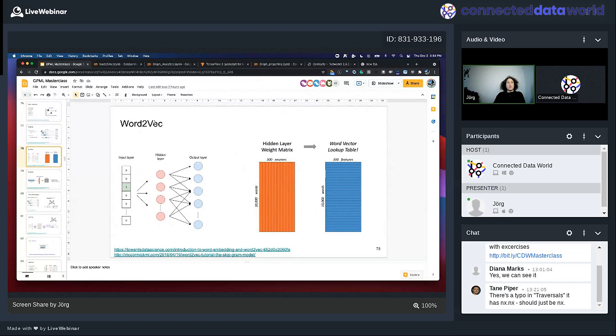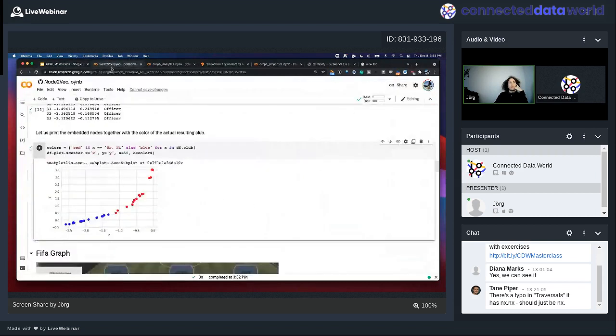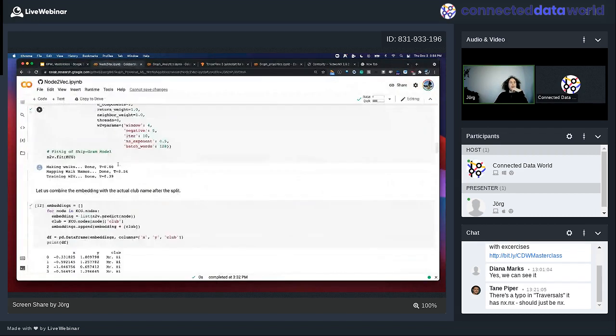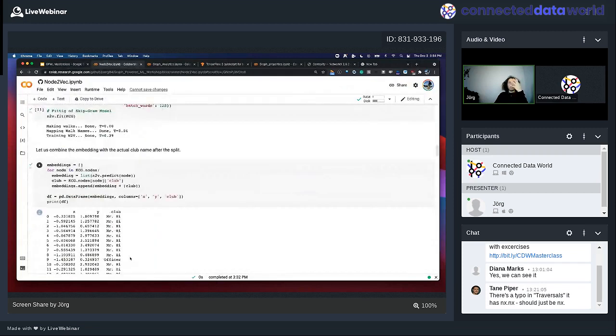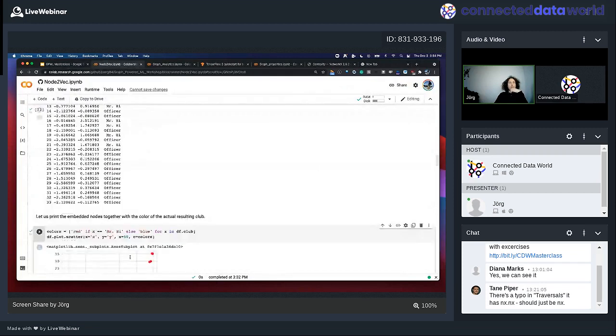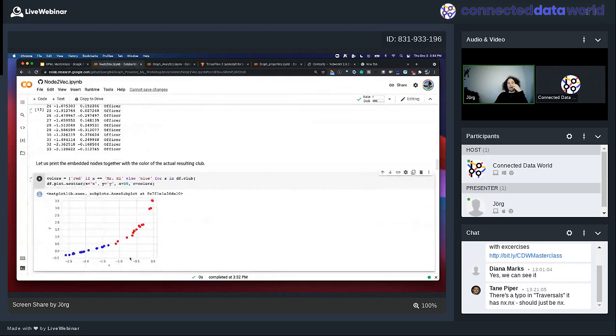So the word2vec or those embedding techniques, they give us a way to control how many resources, how much money do we want to spend on that representation. So if I can choose the hidden layer here, the number of neurons, or if we go over to the notebook, I can choose a number of dimensions here, components. I can control how large my representation should be, or how complex it should be.